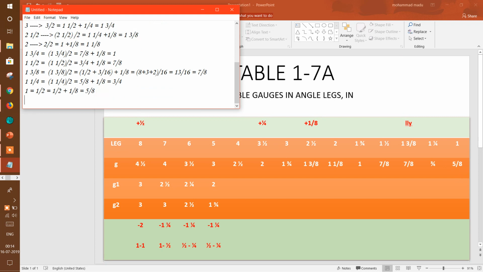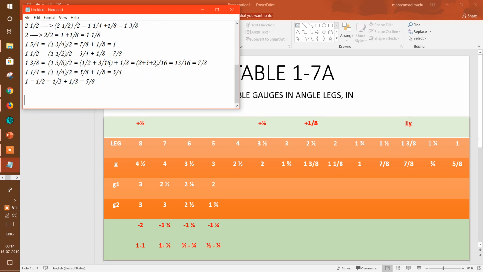And let me explain this G1 and G2 value also. How I'm going to explain, just remember.